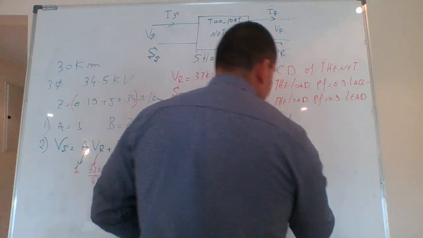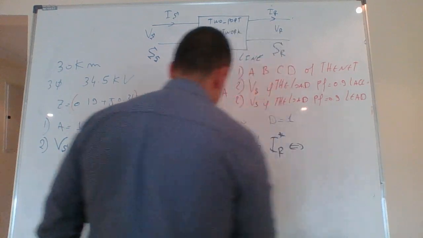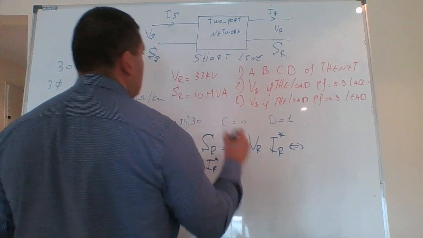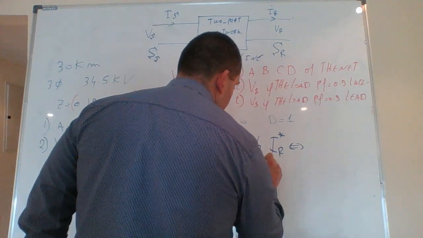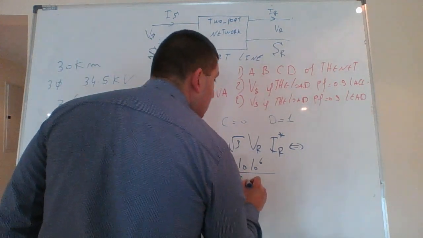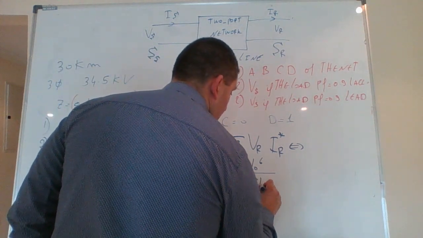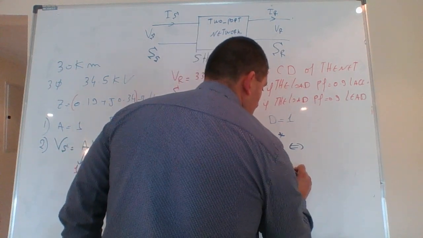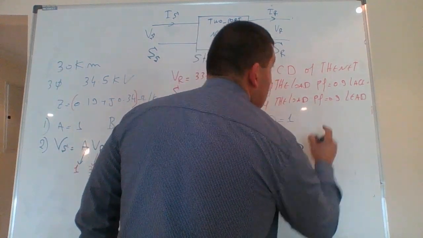So IR conjugate is equal to 10 to the 6 divided by root 3 times 33 times 10 to the 3, with the angle being the inverse cosine of 0.9.